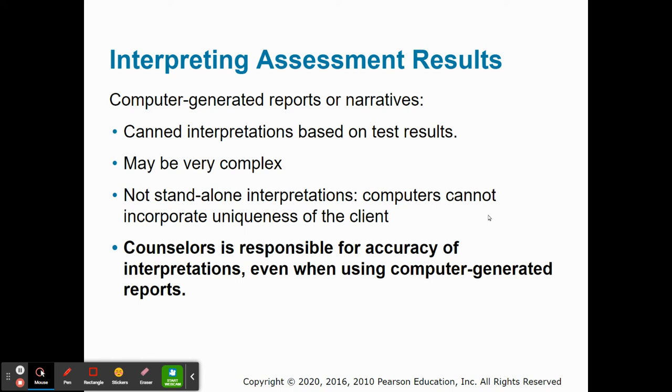So I would suggest that you go over all of the indices of the test and make sure that it looks like an accurate reflection of what you heard or observed during the testing situation if you were present, and if not, that the indices do actually add up to what the overall global score is going to be. What you basically want to do is do some double checks before you give this outcome or this interpretation to a client, to make sure that the computer has scored something correctly.